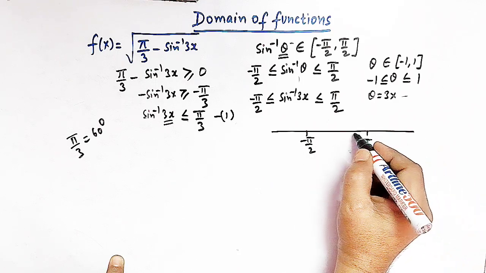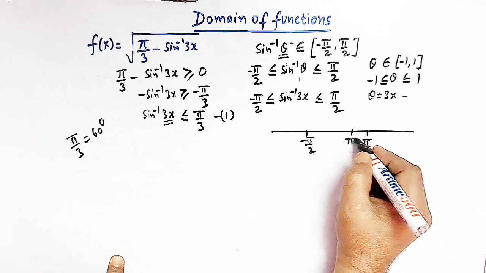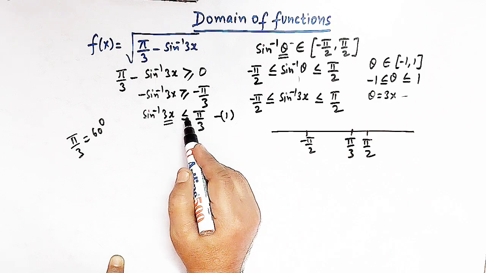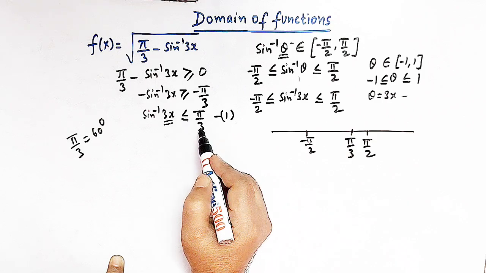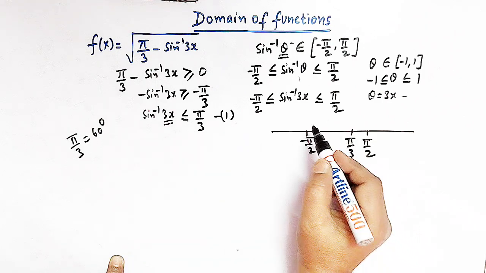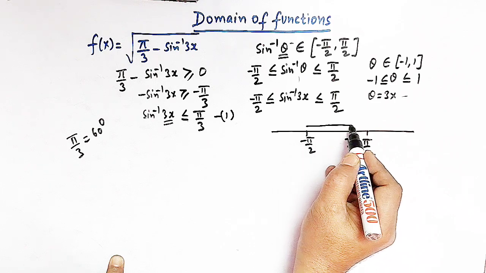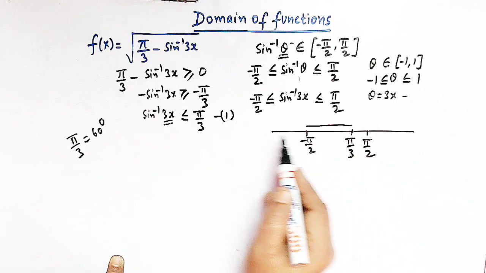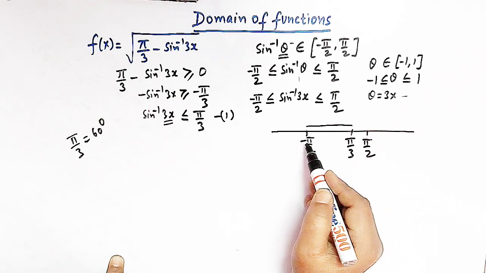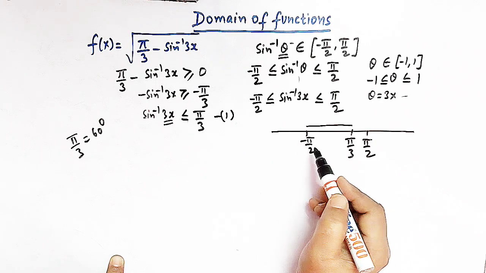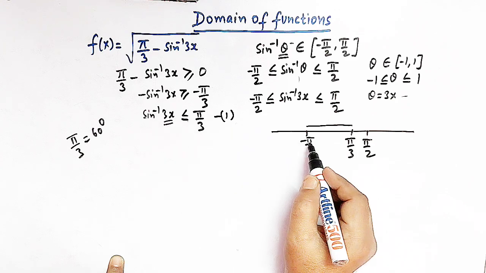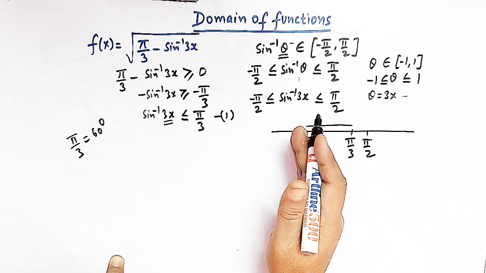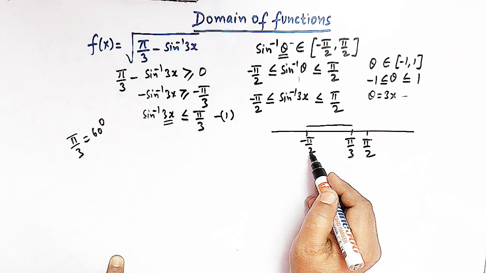So pi by 3 lies somewhere here, and sine inverse 3x less than or equal to pi by 3 indicates that we have this region, right? Because sine inverse 3x cannot be less than minus pi by 2. That is, sine inverse 3x cannot go beyond minus pi by 2 to the left of minus pi by 2.